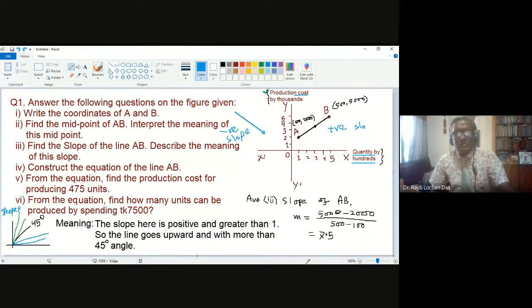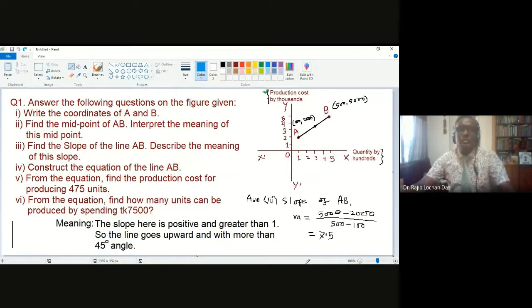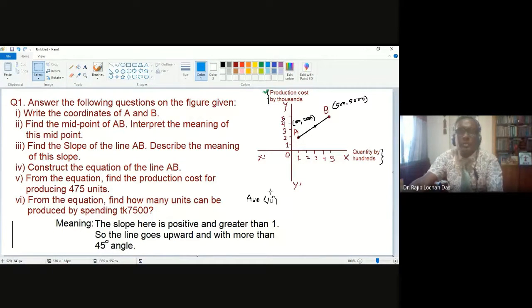So the next question is very simple and straight cut. That is, construct the equation. So you know how to construct the equation. You can use the 2-point formula, or you can use the 1-point formula also. It's up to you, because in this case 2 points are given and also the slope is already found, so any formula you can apply, no problem.